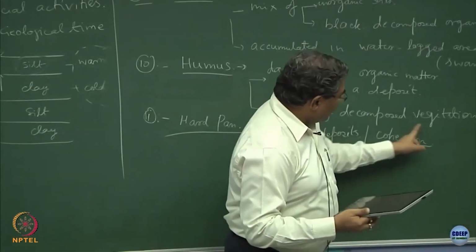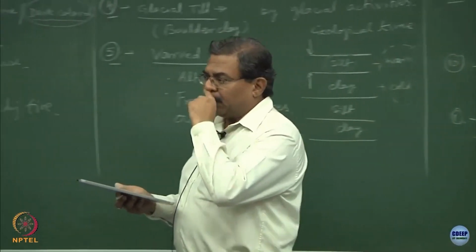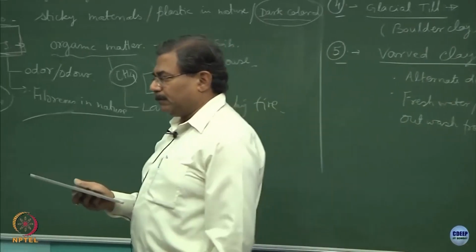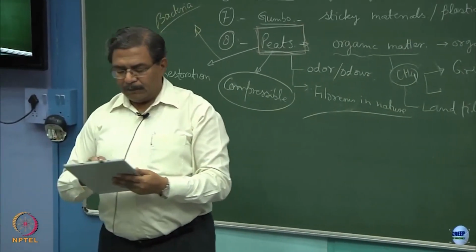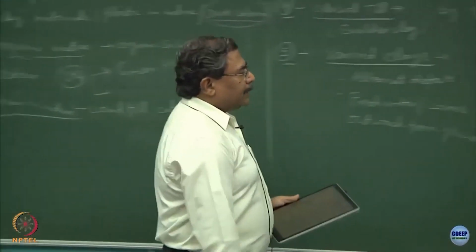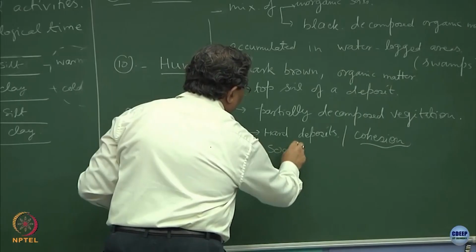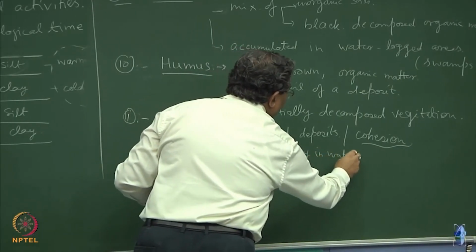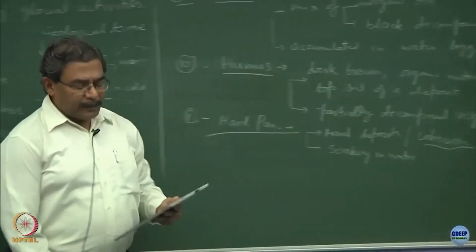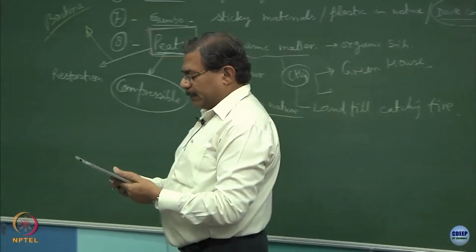So, this material shows cohesion. Cohesion indicates that the particles are glued with each other. And the acid test of this material would be soaking in water. Acid test means you have to differentiate this material from the rocks, and this is one of the best ways to differentiate.